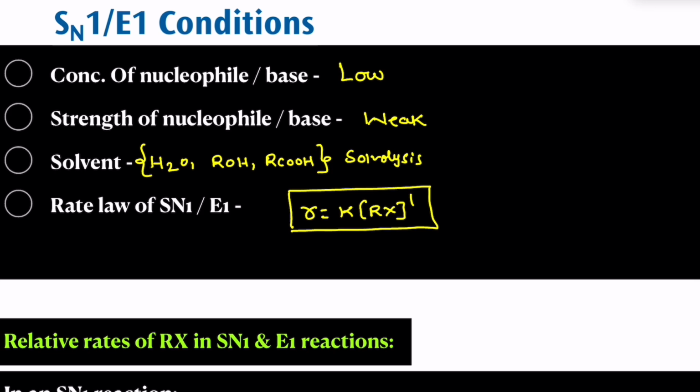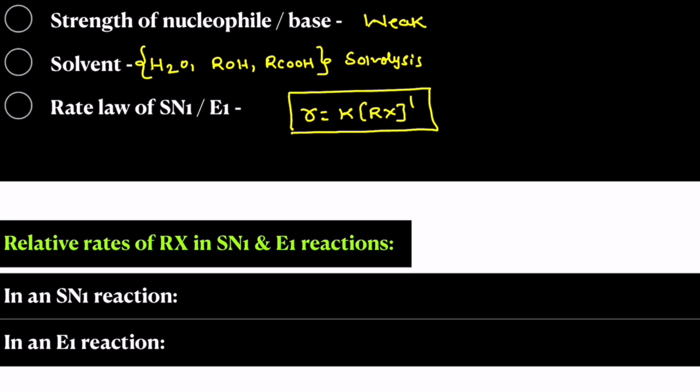It is not actually appearing in the rate law. If you see the reactivity of SN1 and E1 reactions of different alkyl halides, tertiary alkyl halides are more reactive than secondary, which are more reactive than primary. Even in case of E1 reaction, the same order is found: tertiary is greater than secondary, and secondary is greater than primary.